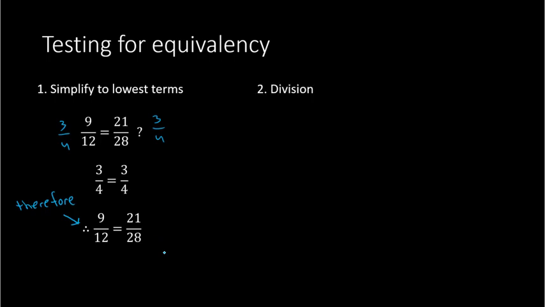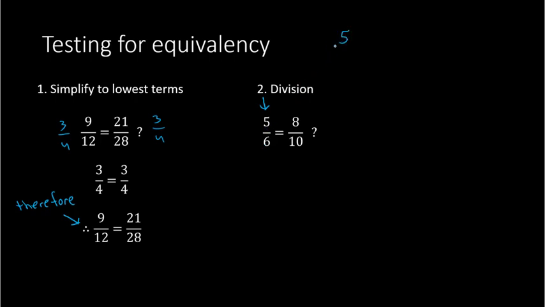Now, another method for testing if two ratios are equivalent is by division. So here we have 5/6 and 8 over 10. When we say division, what we mean is we can take this fraction and divide. We divide 5 by 6 because, again, fractions mean division.